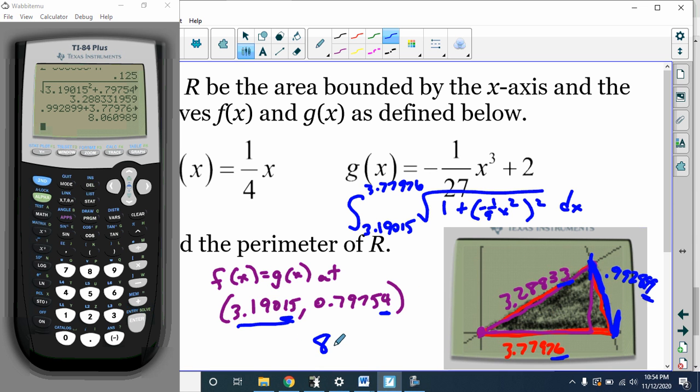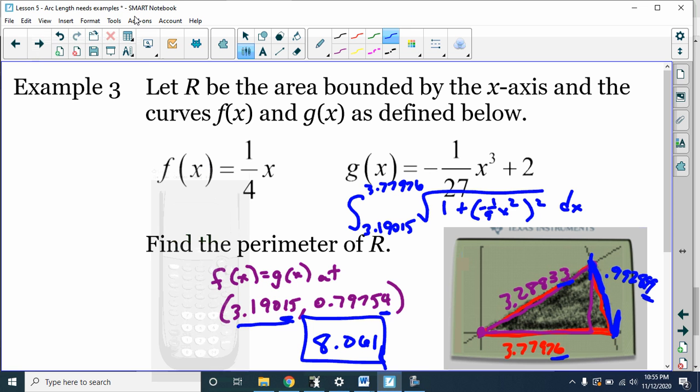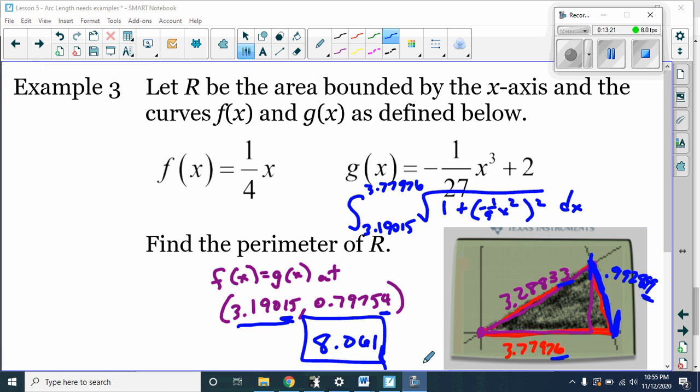Your answer is probably not going to be accurate to 3 decimal places anymore. Looks like a little bit more than 8 is the perimeter. So that is arc length. Section 6.4.